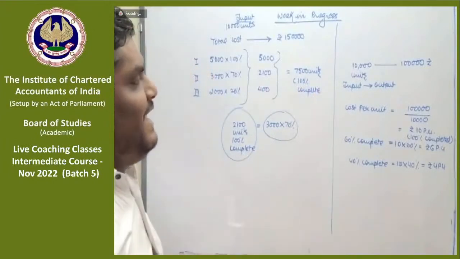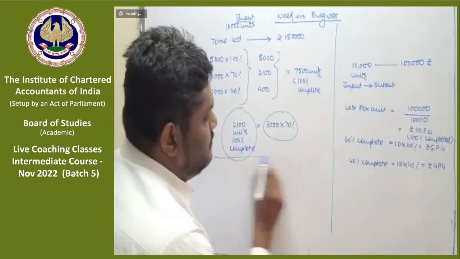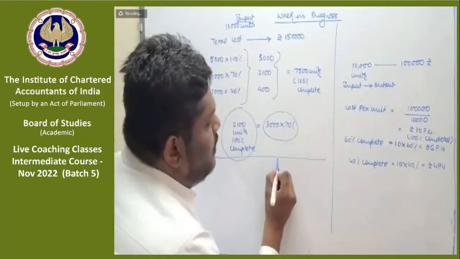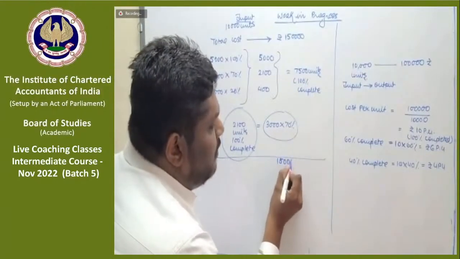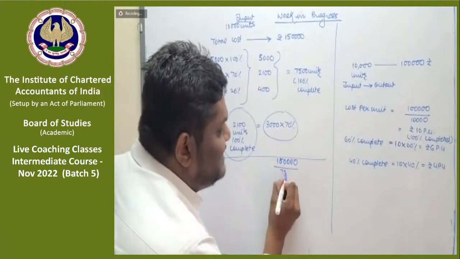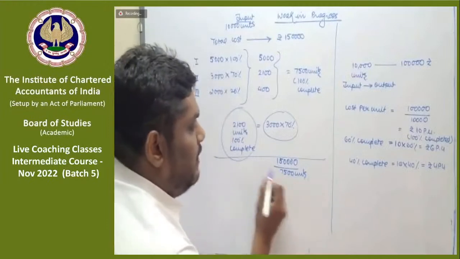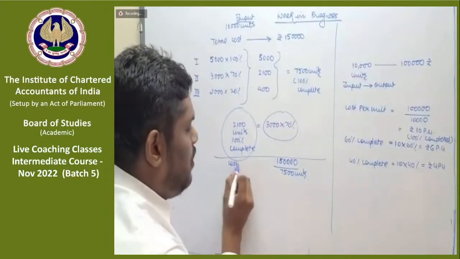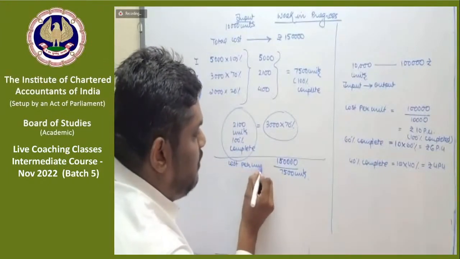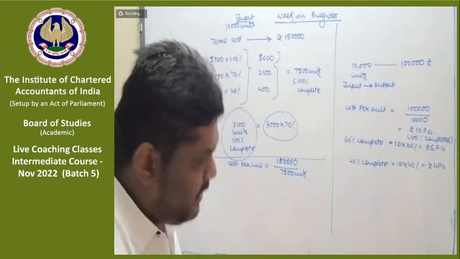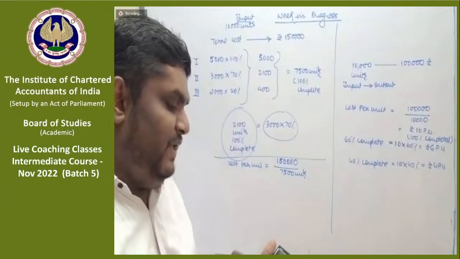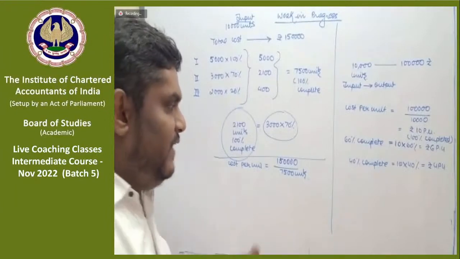Now we can easily calculate the cost. Total cost is 1,50,000 divided by 7,500 units. Cost per unit. So the total cost per unit will be 1,50,000 divided by 7,500.